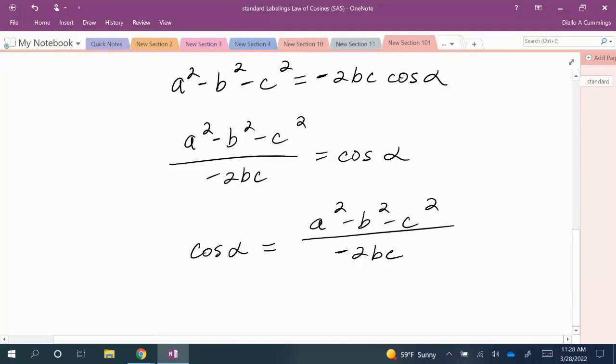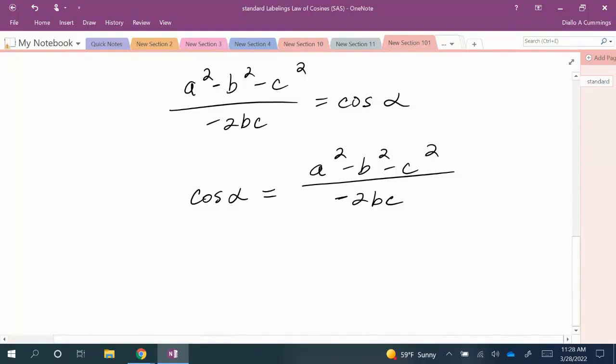The only thing I did here was reverse the formula. Now, if I look at the right-hand side, I want my denominator to be positive. If you remember your rules for signs, my A squared term on top is positive, the denominator is negative, so a positive divided by a negative is a negative. The B squared term is negative B squared, and a negative divided by negative 2BC is a positive.